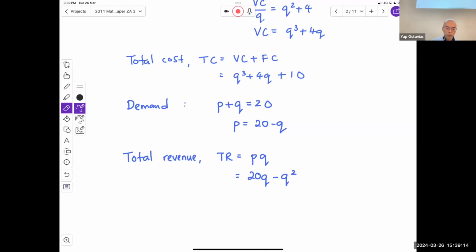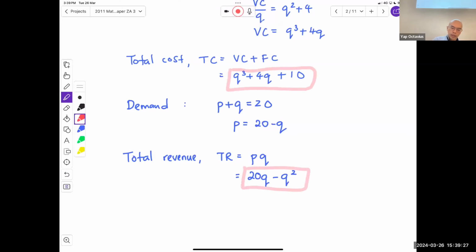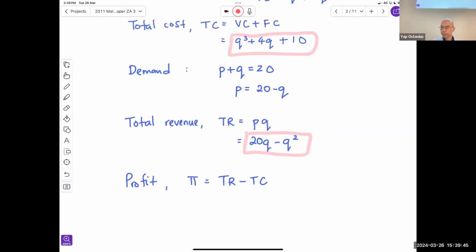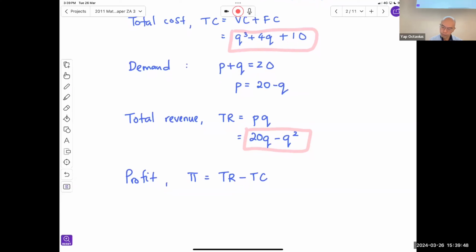Okay, so with this and this, let's look for our profit. Now, profit usually in the syllabus, they use pi, so we just use pi. So profit equals to total revenue minus the total cost. Total revenue.